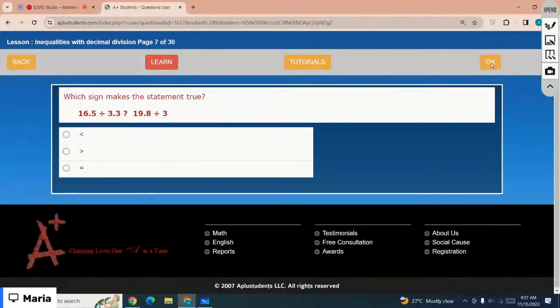The next one is 16.5 divided by 3.3 and 19.8 divided by 3.